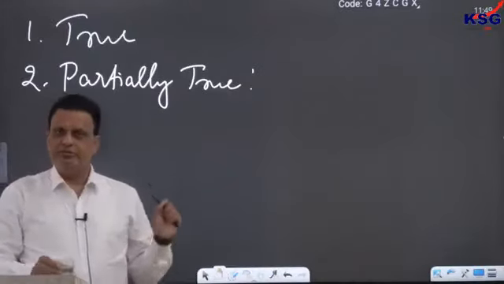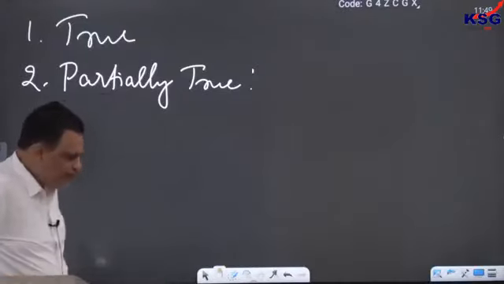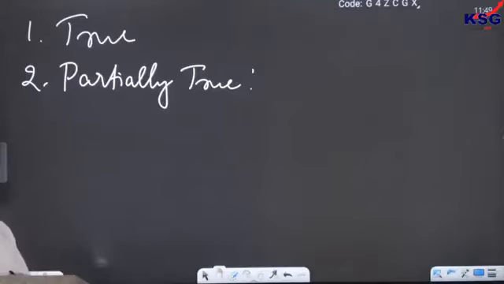Sometimes the minority may be partially true, and thus they may provide correction to the prevailing majority opinion. So that's the next important thing.